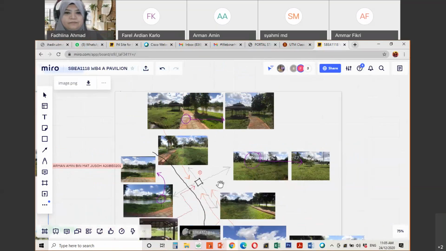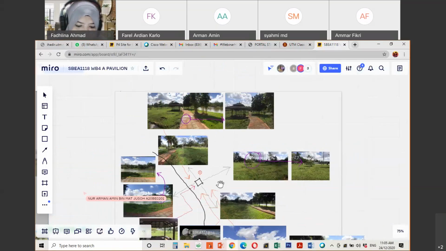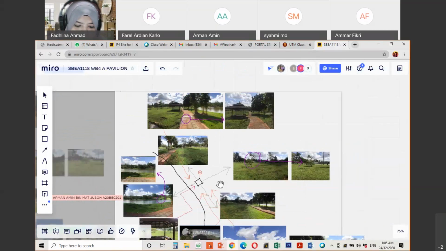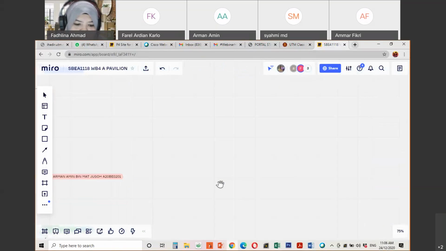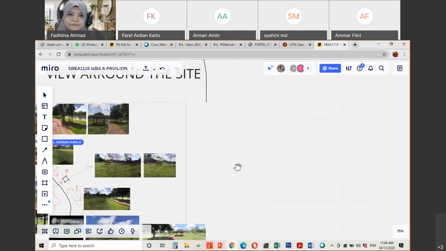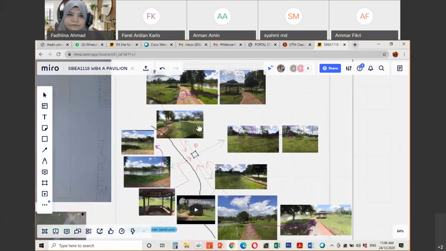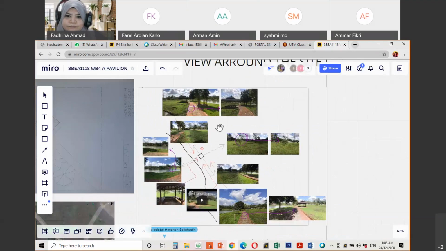From what I understand from this view at the site, the gazebo or the wakaf is in front of the lake, about 10 meters maybe from the lake, and it has a good view for people to have recreation or jogging because it is with nature.